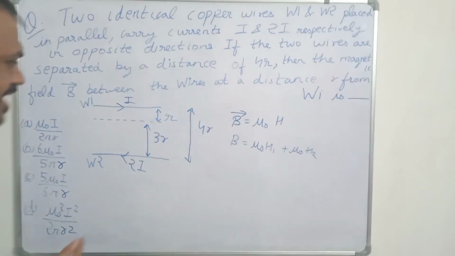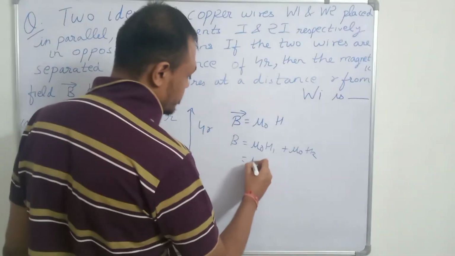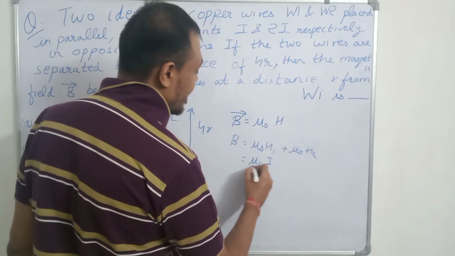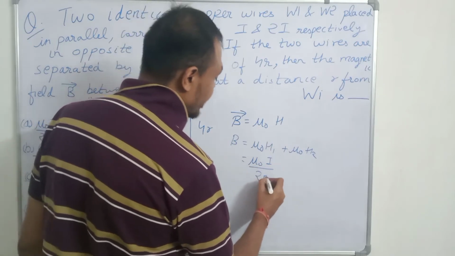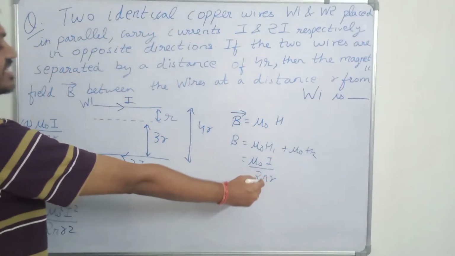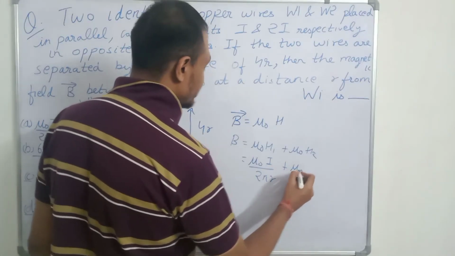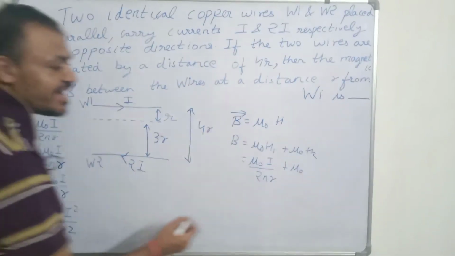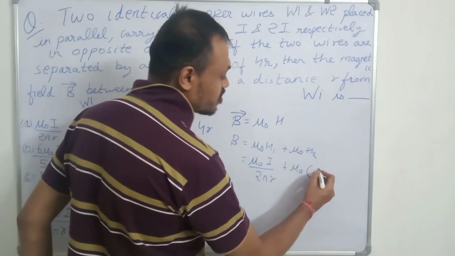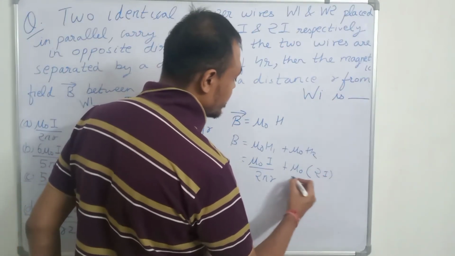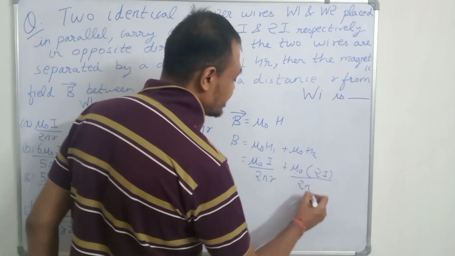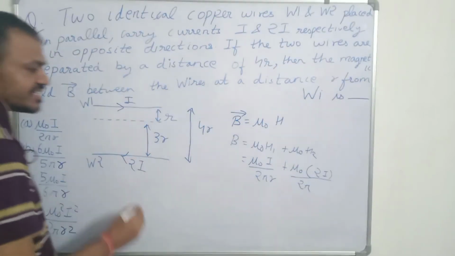So it will be equal to mu naught I upon 2 pi r, because the current carried by the first wire is I and the distance is r, plus mu naught into 2I upon 2 pi into 3r, because the current carried by the second wire is 2I and from this point the distance is 3r.